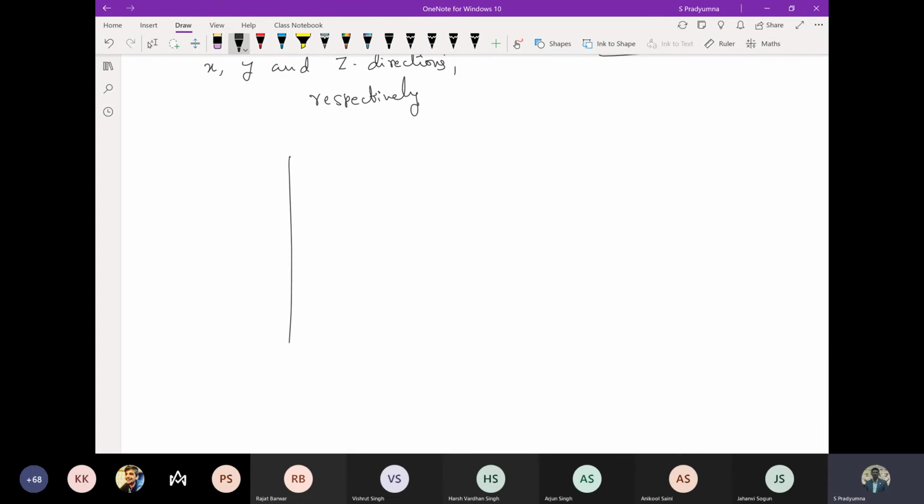Now let us consider just the XY plane. So we want to define what is shear strain. I consider an element like this.